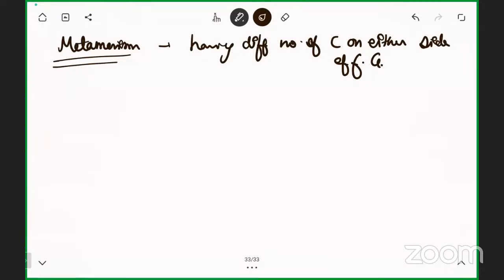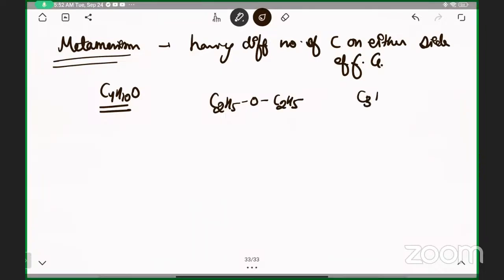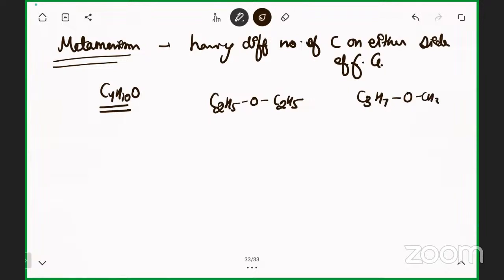Generally this happens in functional groups which are bivalent, you can say joined from the two sides. For example, I'm taking C4H10O. So we can make C2H5O C2H5. We can go C3H7O CH3. So both have the same molecular formula, both have the same functional group.